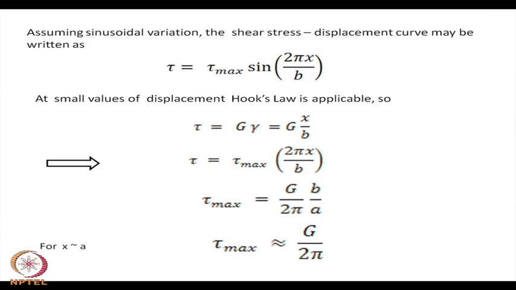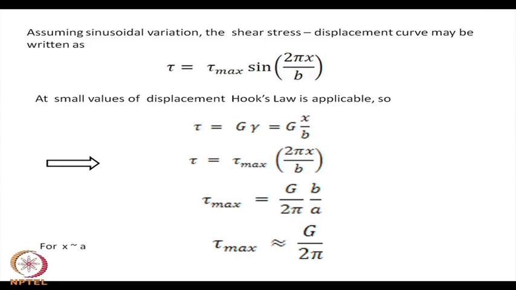For small values of displacement, because we are talking about very small values, Hooke's law can be applied, and one can write tau is equal to G, the shear modulus of the material we are considering, times x by b, which is the strain. So, it is the shear modulus times the shear strain.